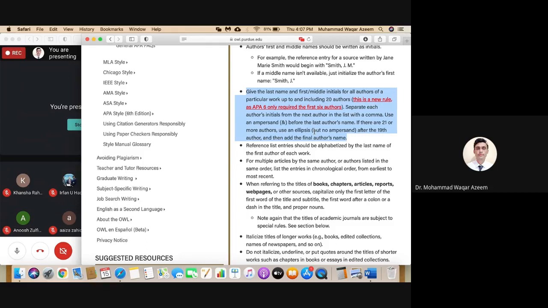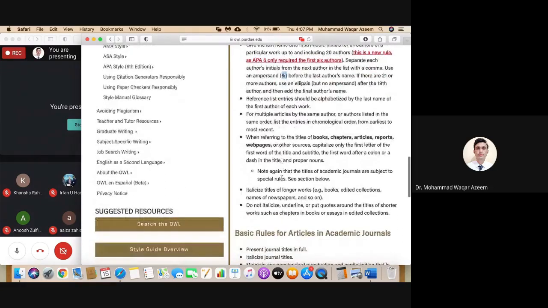After you write the first name, before you start writing the second name, you should put a comma after the period, and then you write the second name. After that, another comma and then the third name. But before the last name, you also put the symbol of and, this one. I'll show you an example. There is an example on the next page that will help you understand it a little better.